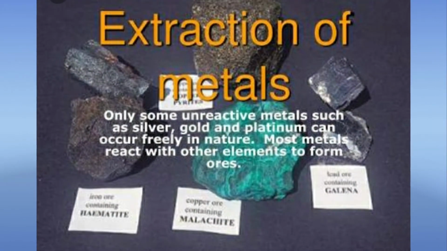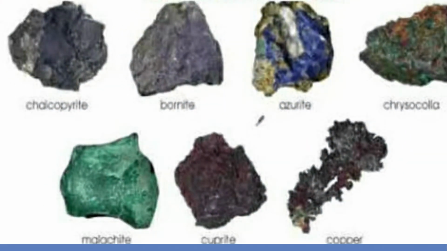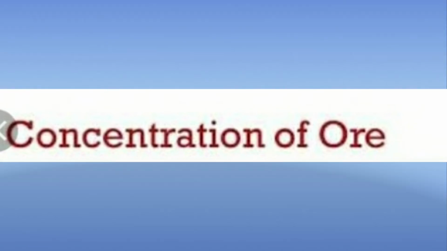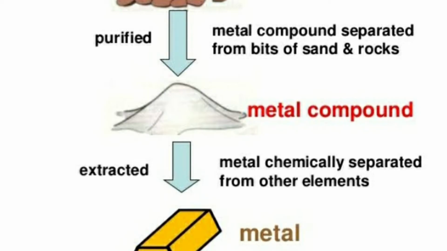Before the metals are actually isolated or extracted, the corresponding ores have to be purified, and this is known as concentration or enrichment of ores. So here the ore which is obtained as a result of mining is in the form of big lumps.